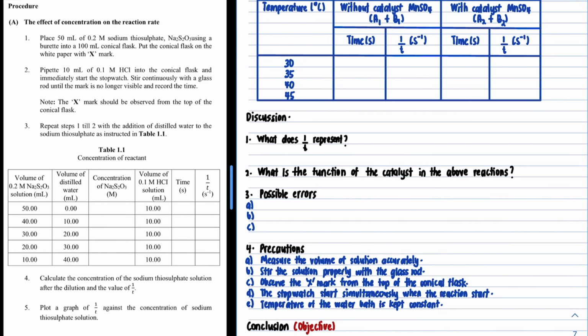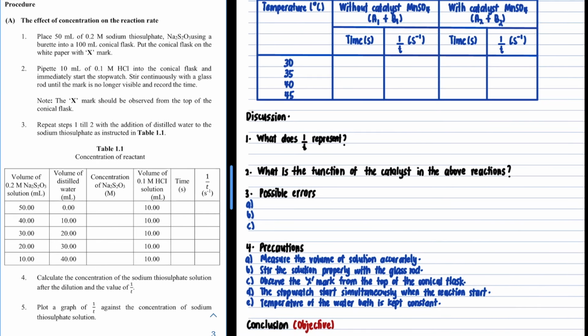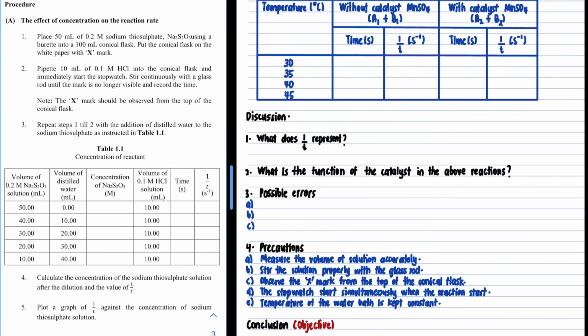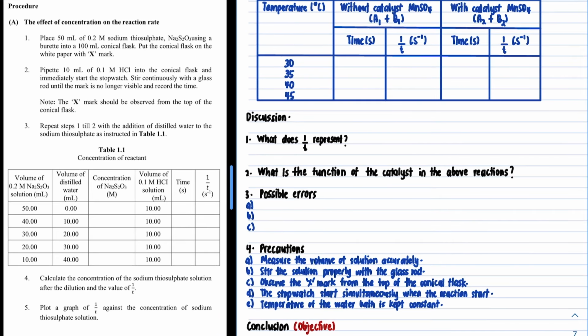Next, based upon the procedure, we stir continuously with a glass rod until the mark is no longer visible. So the precaution is to stir the solution properly with the glass rod. Another precaution, based on the notes, is that the X mark should be observed from the top of the conical flask.